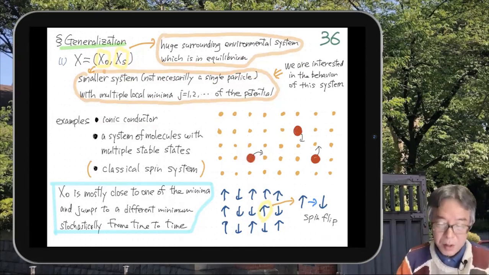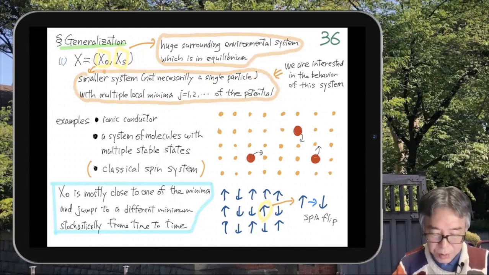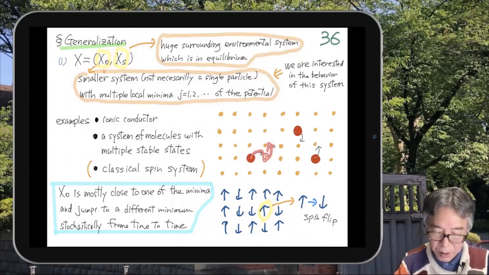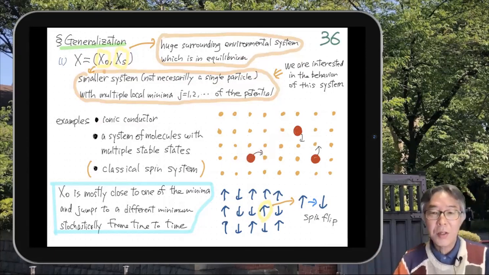And unlike electrons in a metal, they do not move freely in the crystal. They are sort of trapped by the potential, and from time to time an ion moves to a local minimum near the present position. So it's very similar, almost the same as our description of a Brownian particle.